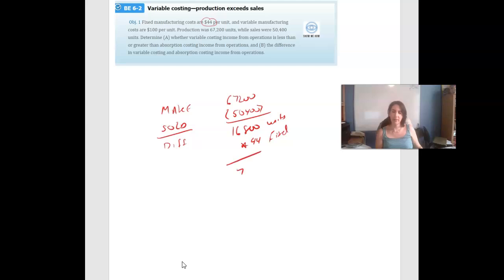That comes out to be $739,200. That's going to be the difference between the absorption costing income statement and the variable income statement. Discrepancy, difference between the two. I should probably really say that's ending inventory. So just so we have a difference here, that's going to be your discrepancy between the two statements if you did them all the way out.